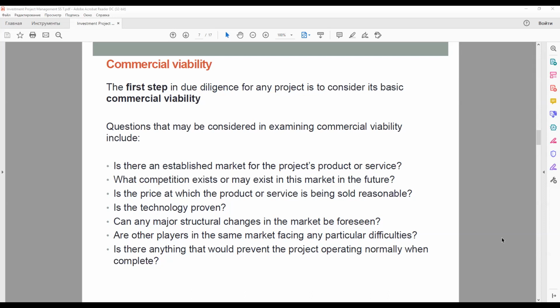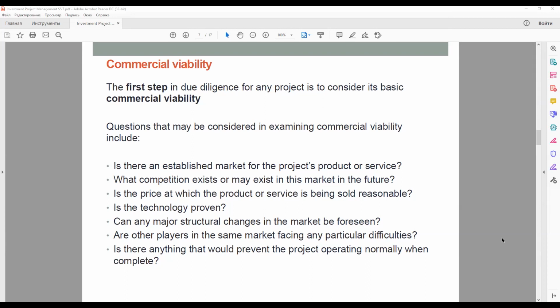And does it take adequate account of future competition? Is the technology proven? Can any major structural changes in the market, for example, deregulation or new technology, be foreseen? And what might be the effect of this?